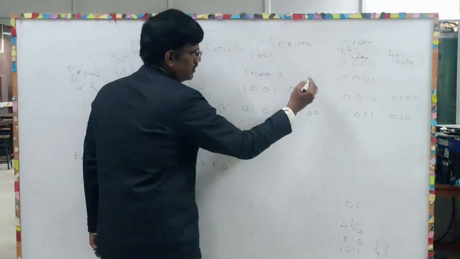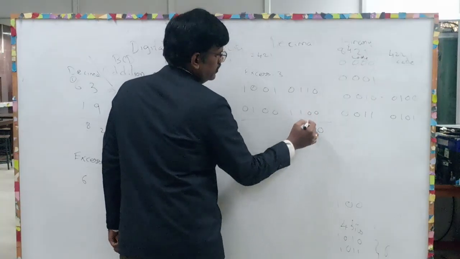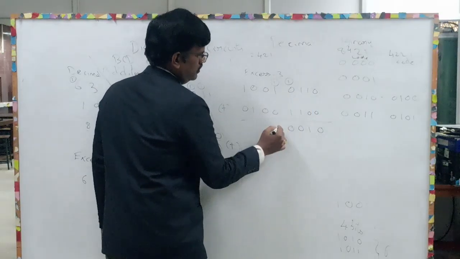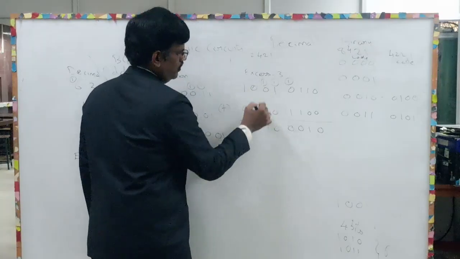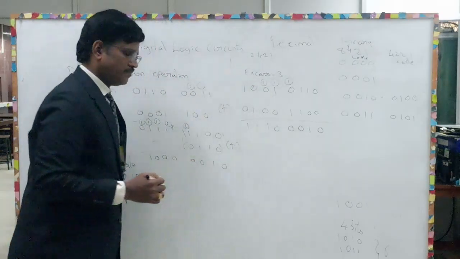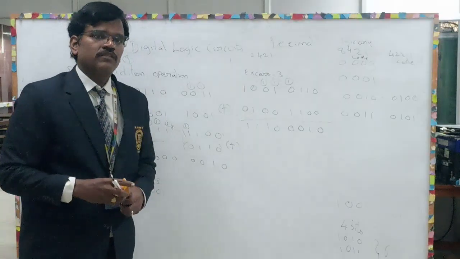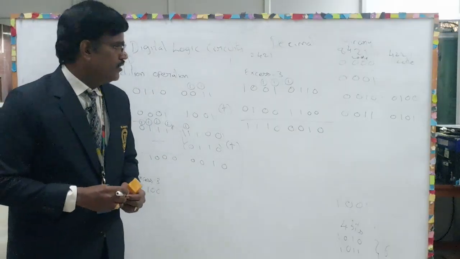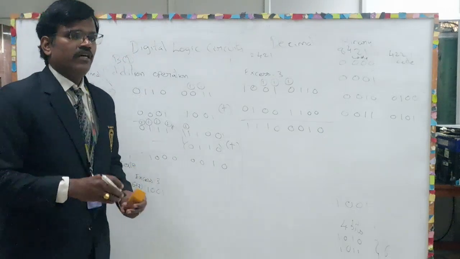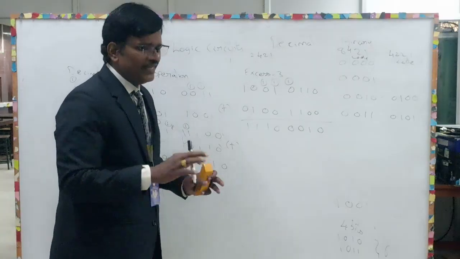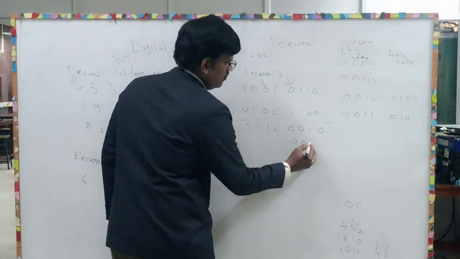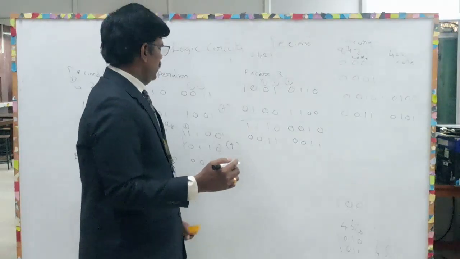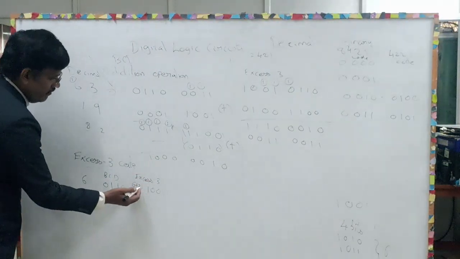So, when we try to perform the addition, we have this 0, this is 1, this is 0 plus 1, this is 0 plus 1, this is 0, this is 1, 1, 1. In BCD we are supposed to check the combination, whether it is a used combination or an unused combination, but here we are supposed to have the 3. Because in the XS3 we are trying to have an additional 3.